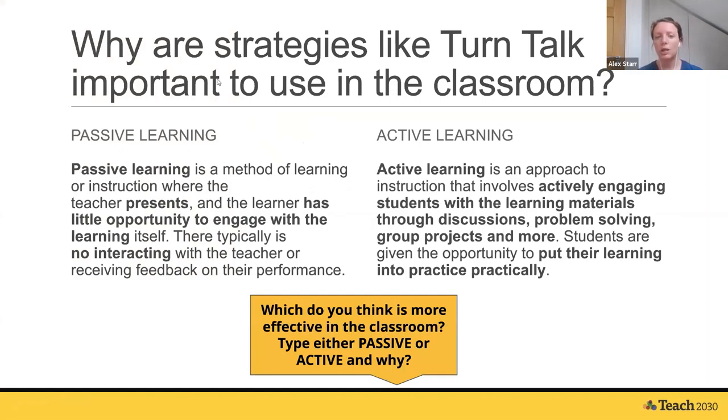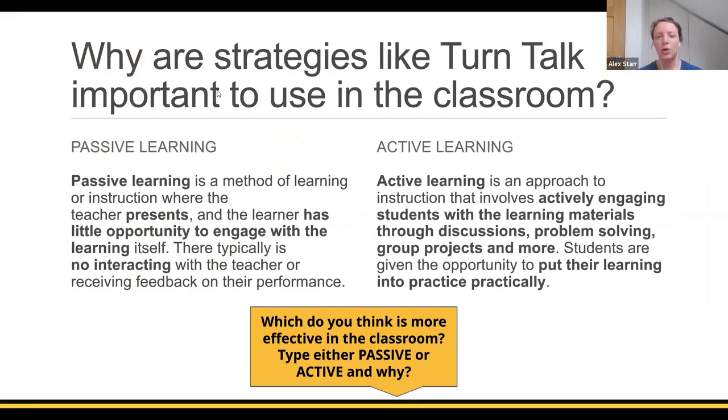Okay. So why are strategies like Turn Talk incredibly important to use in the classroom? Well, we have two types of learning. We have passive learning and we have active learning. Passive learning is a method of learning or instruction where the teacher presents and the learner has little opportunity to engage with the learning itself.